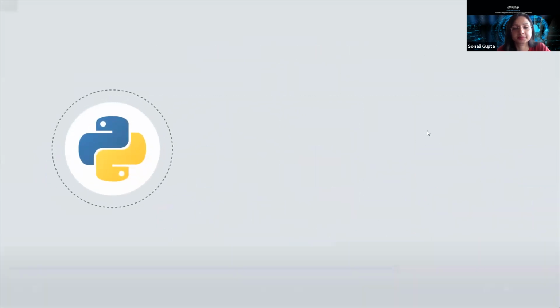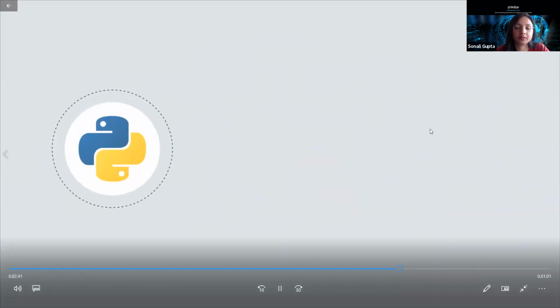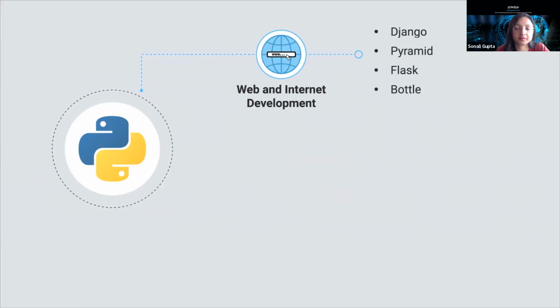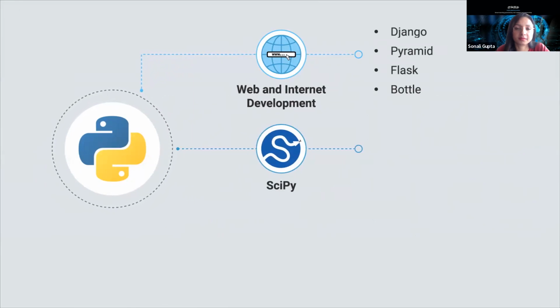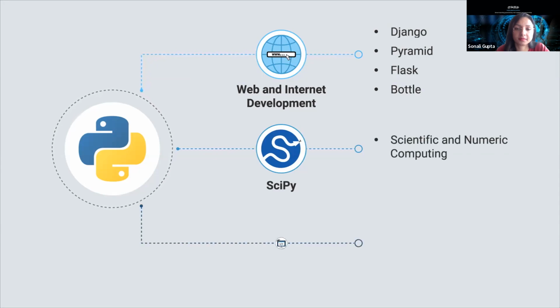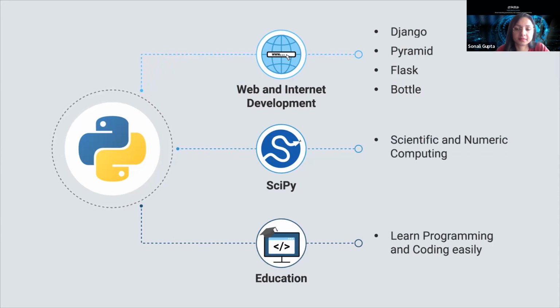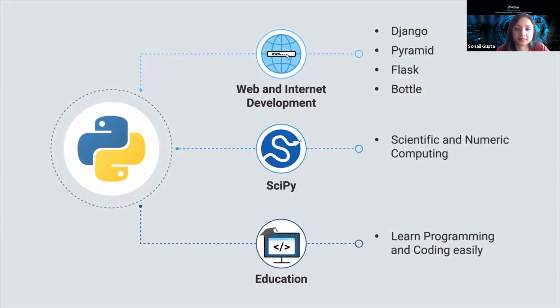Python is used widely in various application development areas. Django, Pyramid, Flask, and Bottle are favorite picks for web and internet development. SciPy, a collection of packages, is used extensively for scientific and numeric computing. Python is loved by educationists. Learning programming and coding is easy with Python.